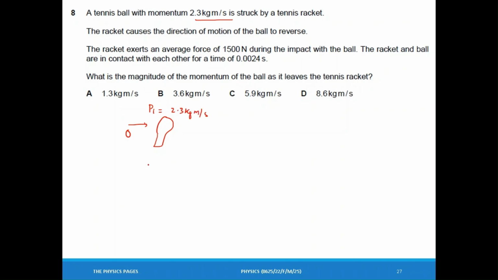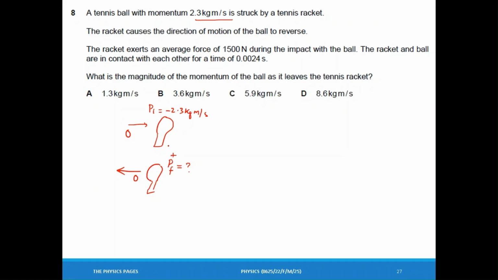Now after hitting the racket, the ball goes in the reverse direction, backward. So final momentum and initial momentum have different directions. I suppose that going toward the racket, if I take it as negative, the final momentum will be positive.